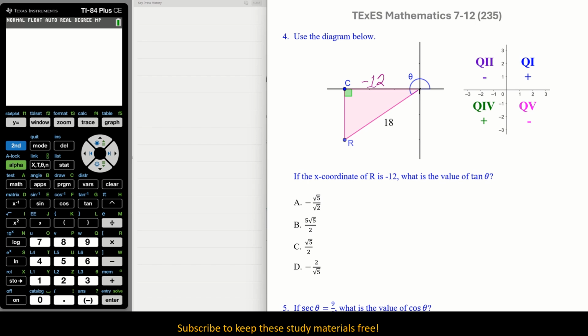First, we need to deal with what is the tangent. So tangent of theta equals the y. Well, we don't have the y. It will be the y over minus 12.